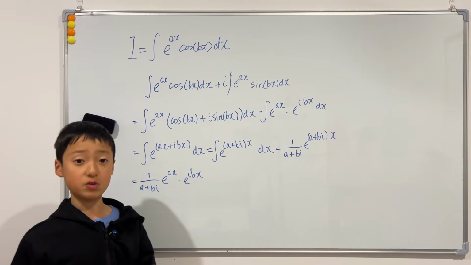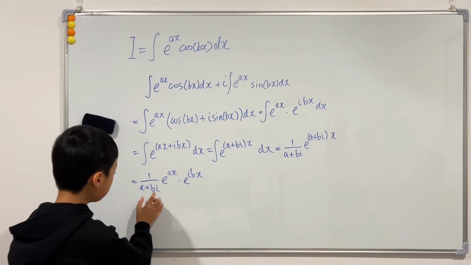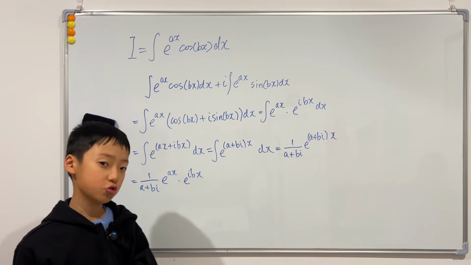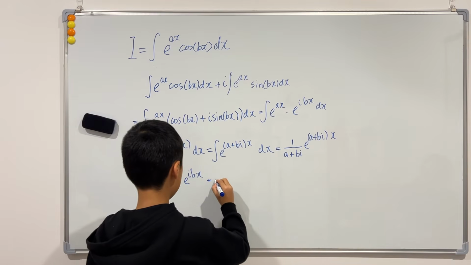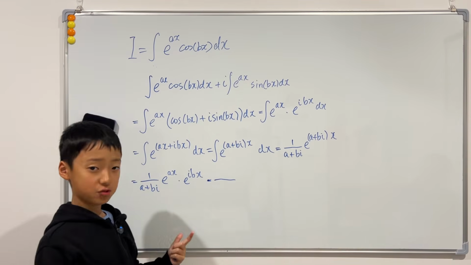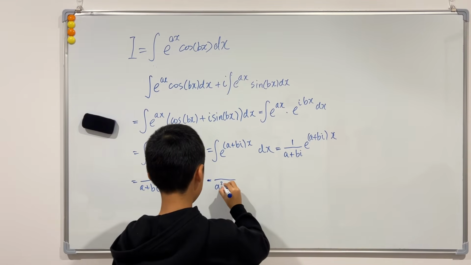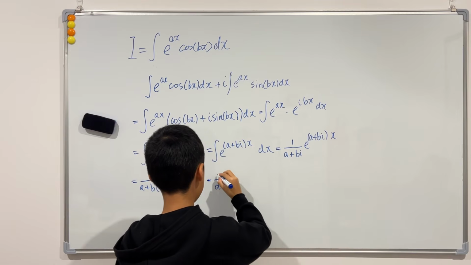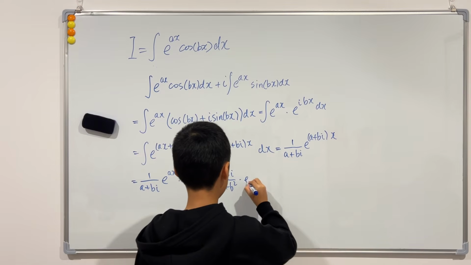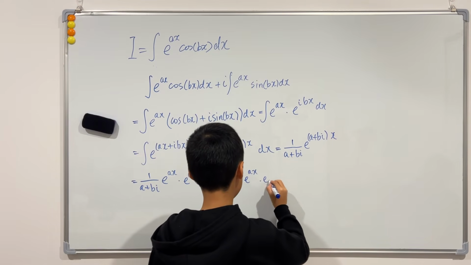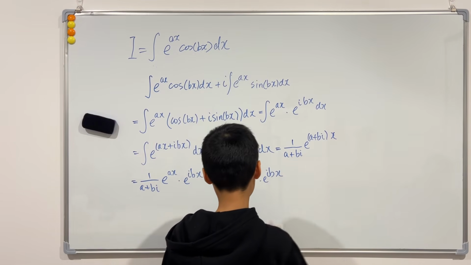And then we're going to do a realization, which means that we multiply the denominator by its conjugate, which is a minus bi. So the bottom, if you work it out, would be a squared plus b squared and the top is a minus bi. Don't forget to multiply by e to the ax times e to the i bx.